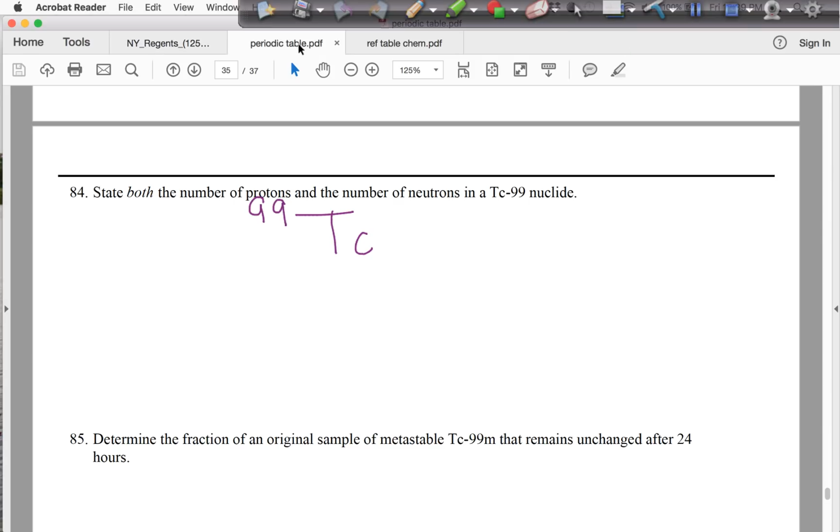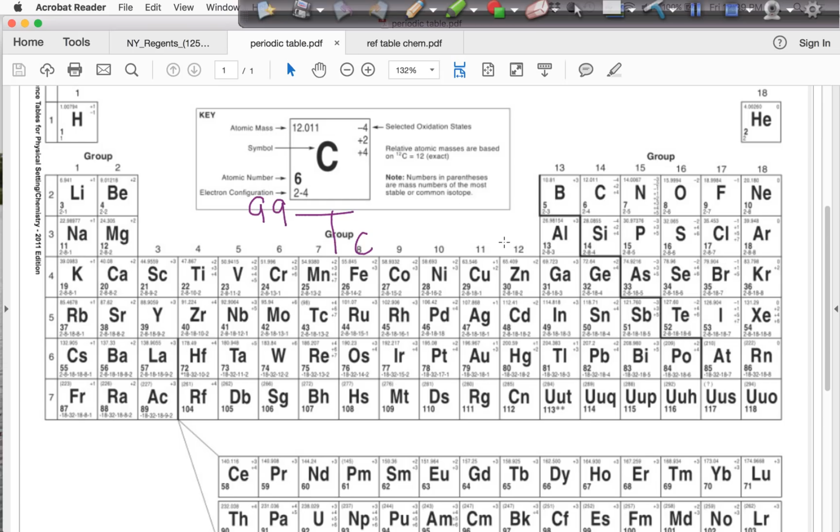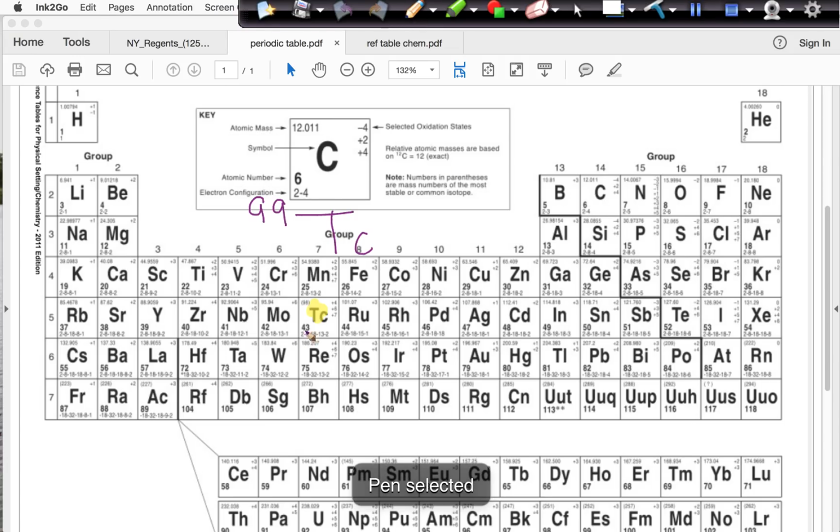Since an atom of the same element has the same number of protons no matter what, we're going to find Tc's atomic number on the periodic table. And when we look on the periodic table and find Tc on here, we see that the atomic number for Tc is 43.